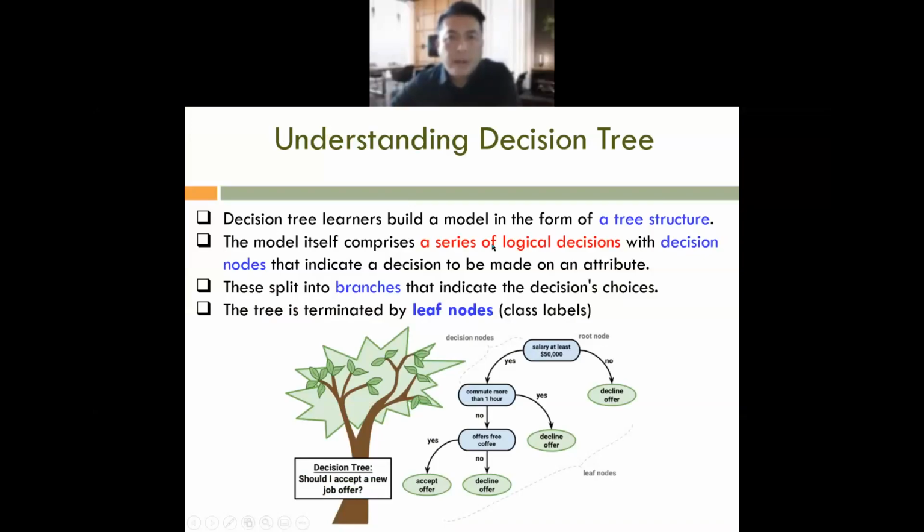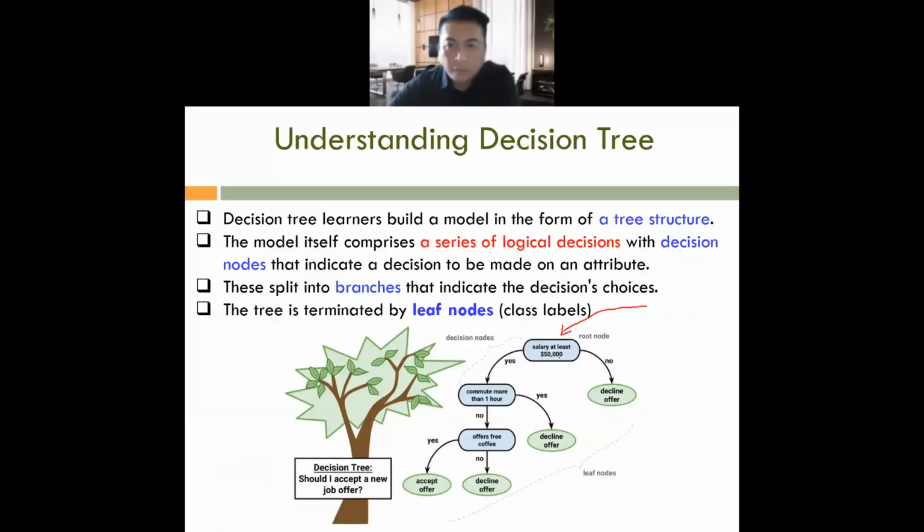So in trying to understand decision tree, we will try to illustrate the structure of the decision tree first, where we look at a few concepts here. So this is the root of the tree.